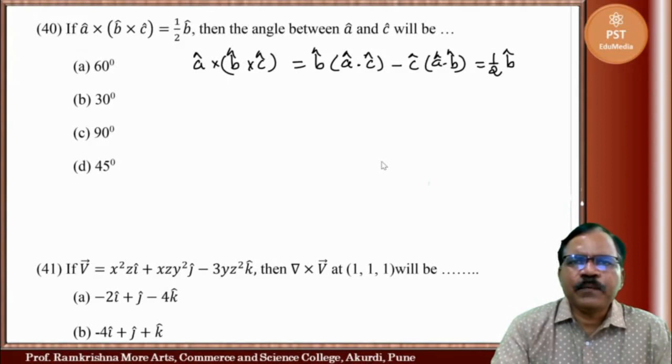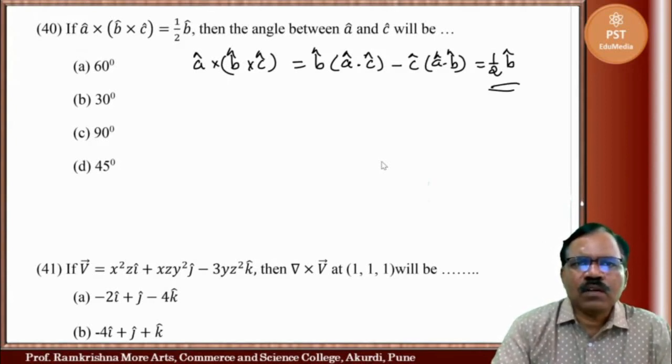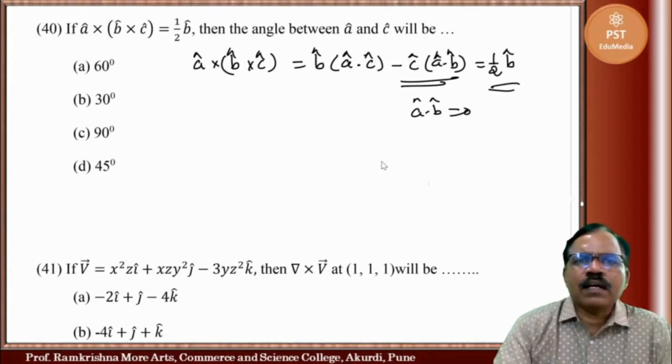So if we compare this, we will get a dot b is equal to 0, so the second term is 0, and a dot c will be equal to 1/2.